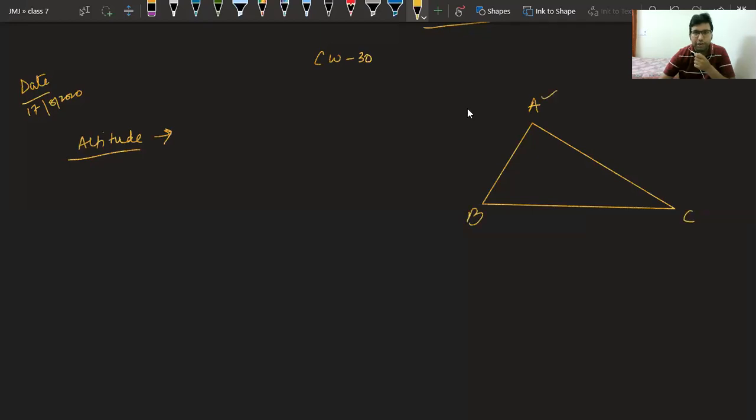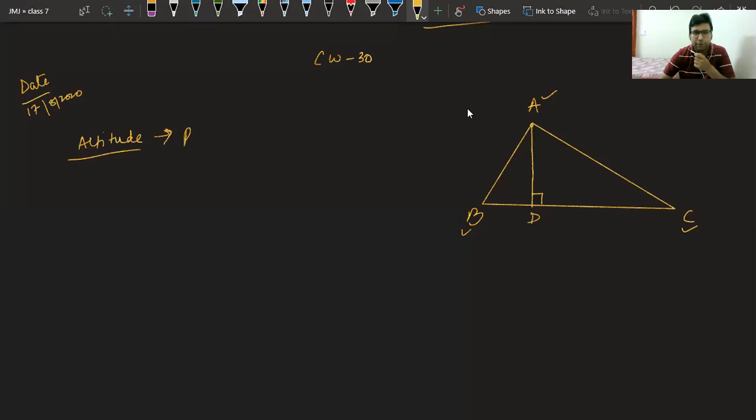I have told you A, B, and C are your vertices. If you make a line from a vertex to the opposite side such that it is perpendicular to it, that is known as altitude.